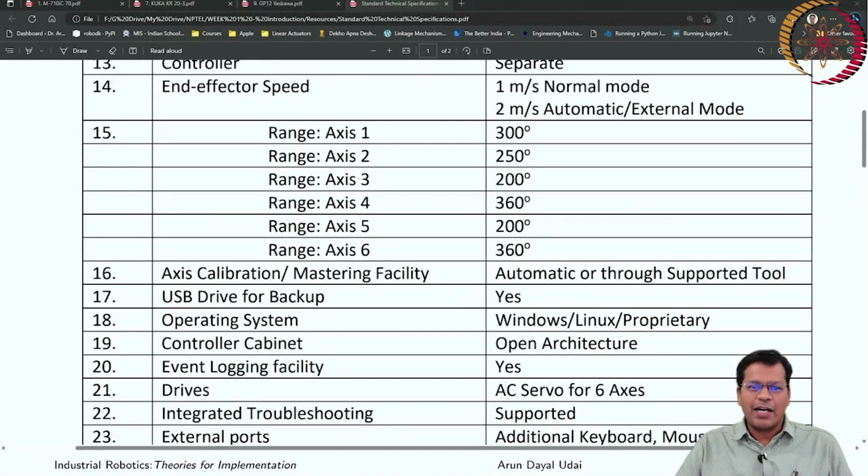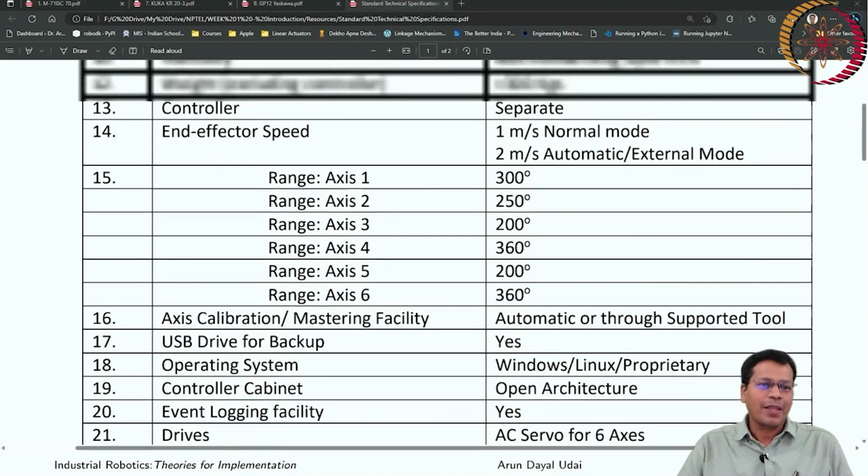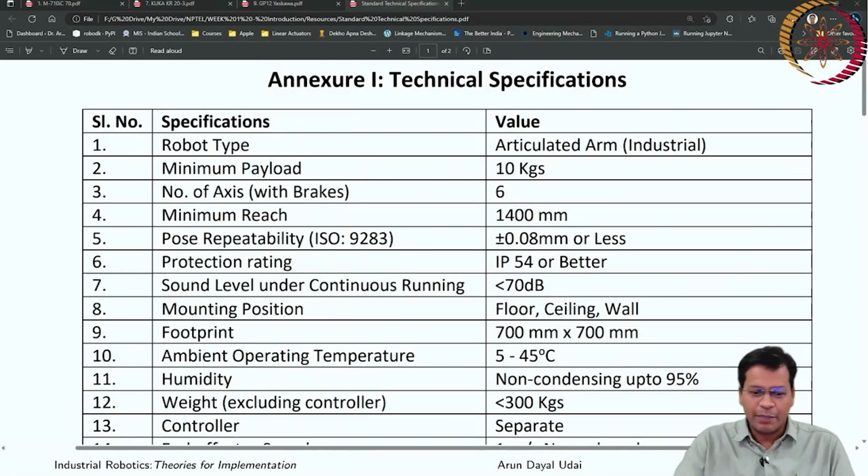Okay, let us start with my own specifications that I prepared while tendering for my own robot which I wanted to buy. I just cannot say yes, I want to buy Yaskawa or Kuka or Fanuc or any make of robot. So what I can specify is the specification that I want, and I can mention the ISO standard which it should qualify to do that.